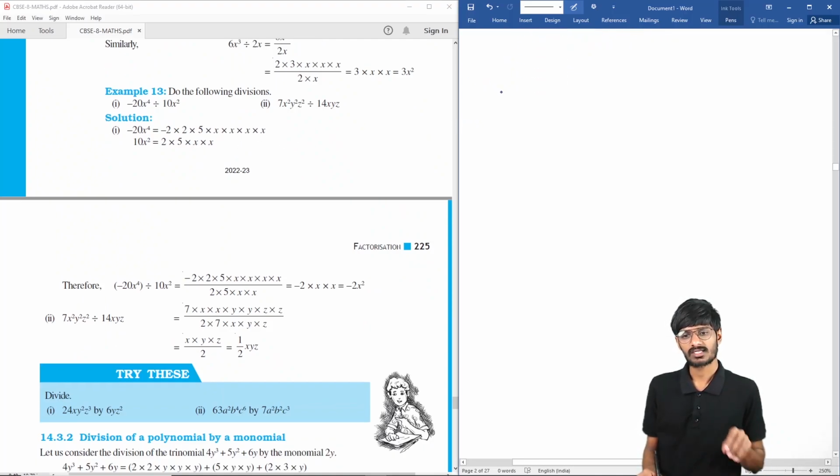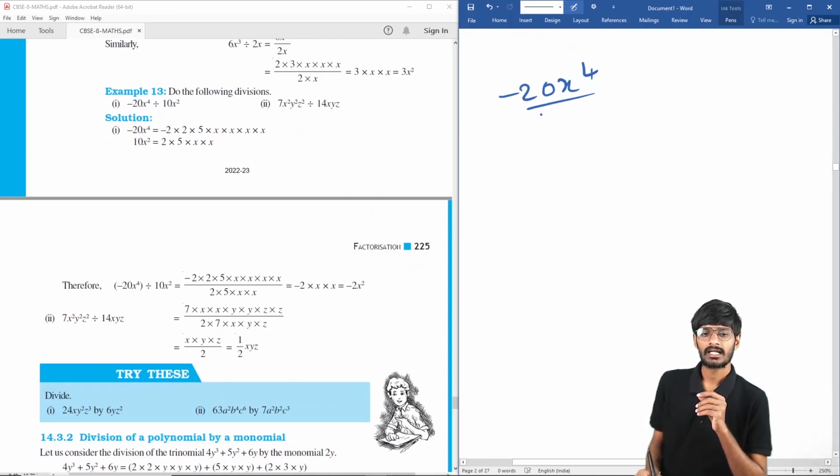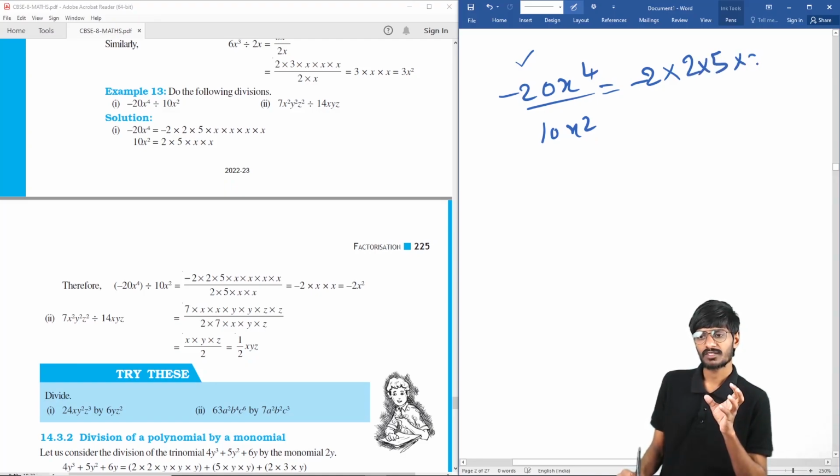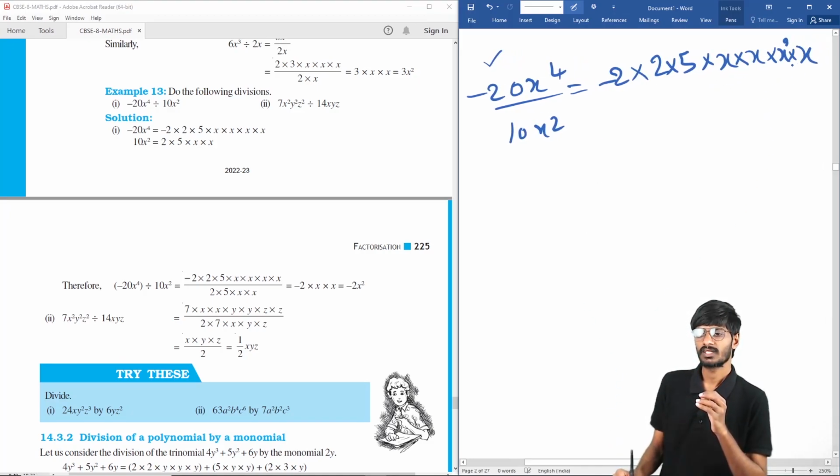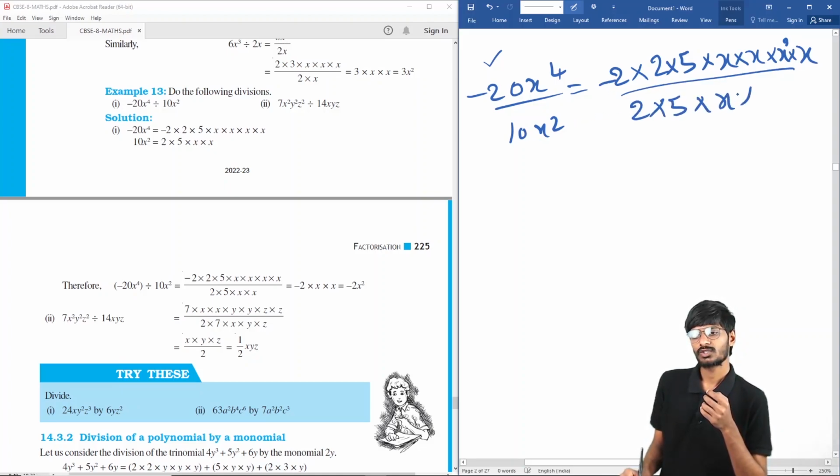We'll do the following divisions. That is minus 20x power 4 divided by 10x square. If you want to write it, the first thing is the irreducible form. That is minus 2 into 5 into 2, there are x power 4, but I am simply writing it as x into x into x into another x, divided by 10, which means 2 into 5 into x into x.